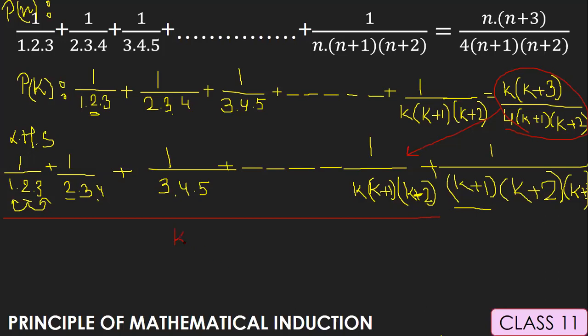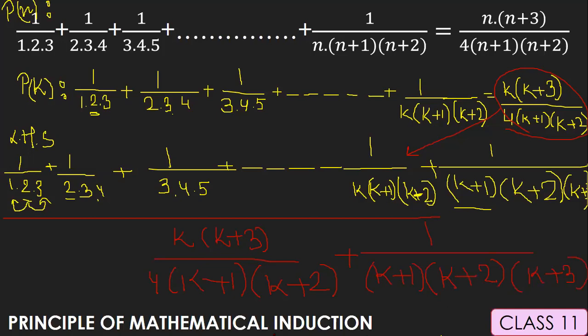That would be k into k plus 3 divided by 4, k plus 1 into k plus 2, plus this term 1 divided by k plus 1 into k plus 2 into k plus 3.